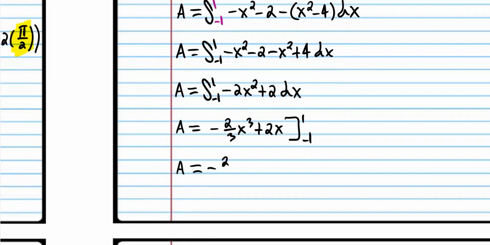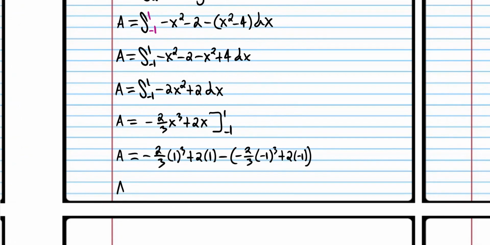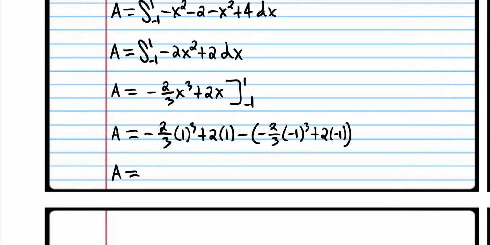So we have negative 2/3 times 1 cubed plus 2 times 1, minus negative 2/3 times negative 1 cubed plus 2 times negative 1. We don't have a lot of room to do this, so I'm just going to combine all this stuff. So we're going to get minus 2/3 and plus 2 if we do that quickly.